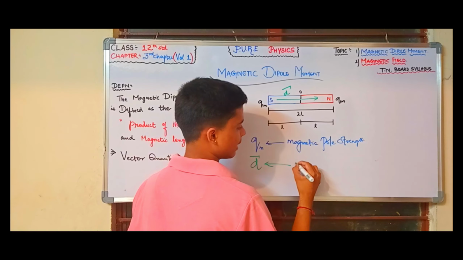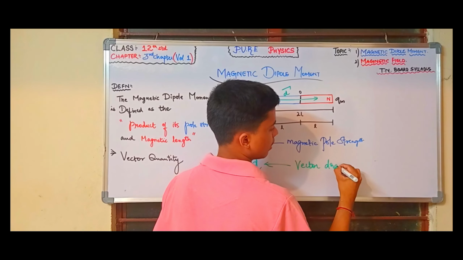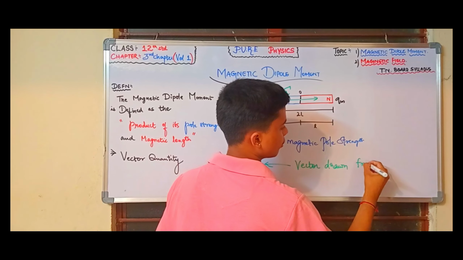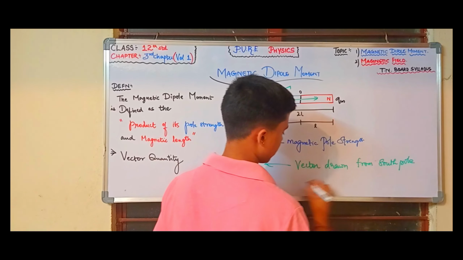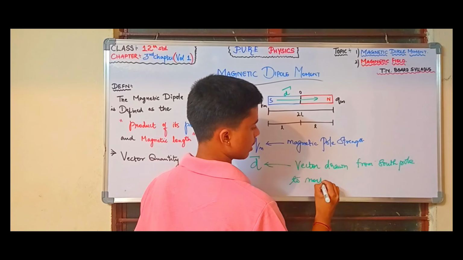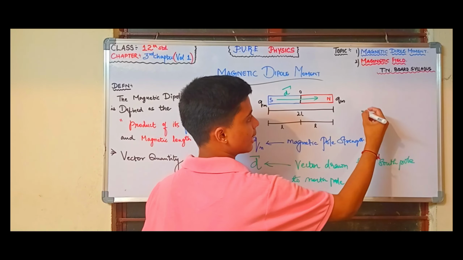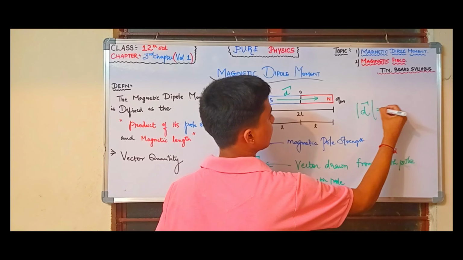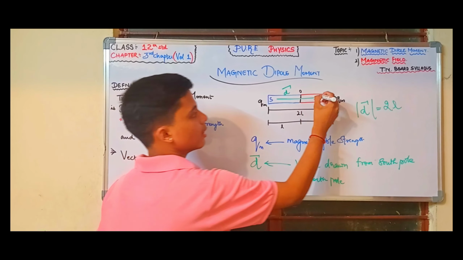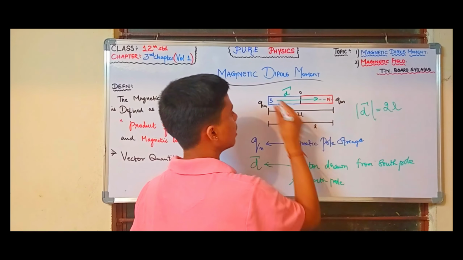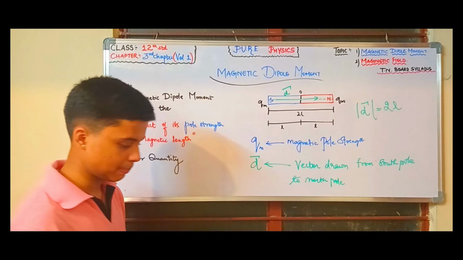The d vector is a vector drawn from south pole to north pole, and the magnitude of the d vector is equal to 2L, because it is the same as the length of the bar magnet.